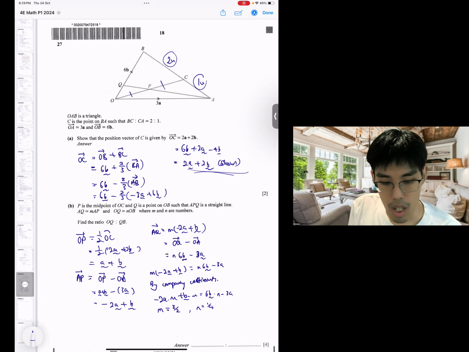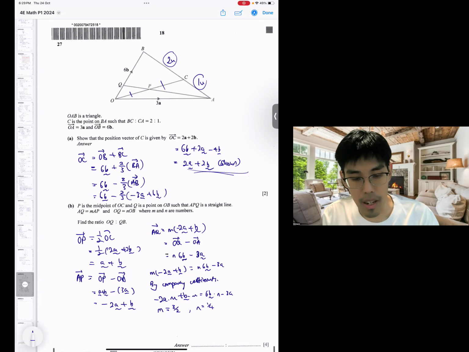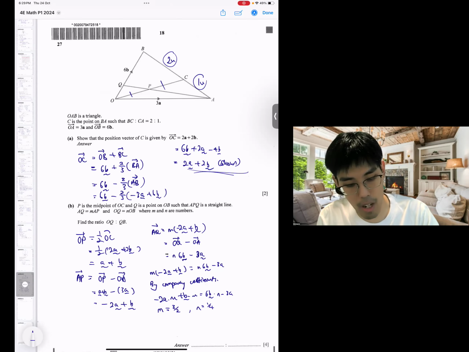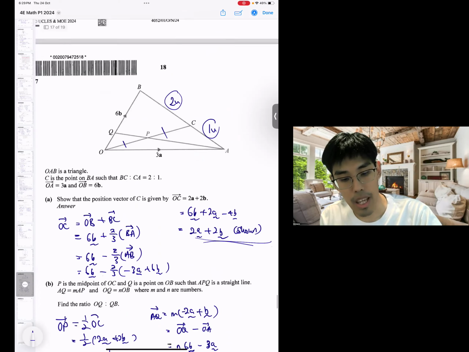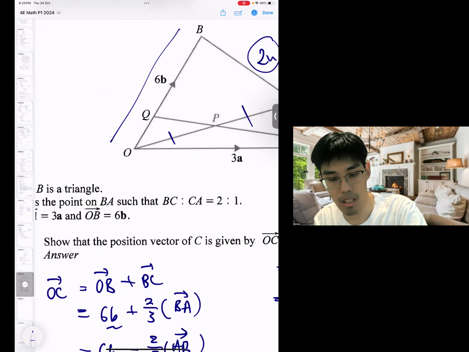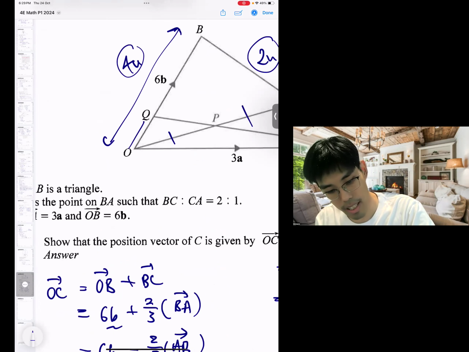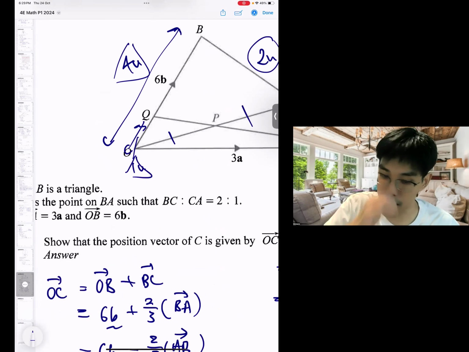So OQ to QB. That means for OQ we have found n to be 1/4. So if the whole thing is 6b and OQ is 1/4 of the whole thing, that means the whole thing is 4 units and this thing is 1 unit, because it's 1/4 of 6b.